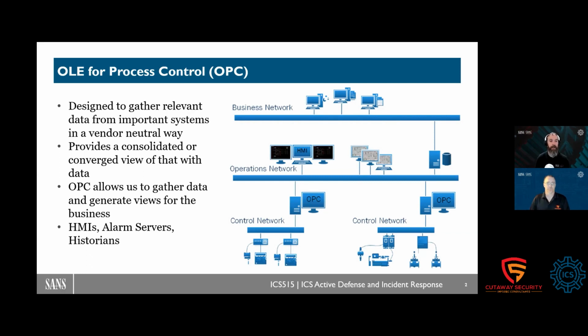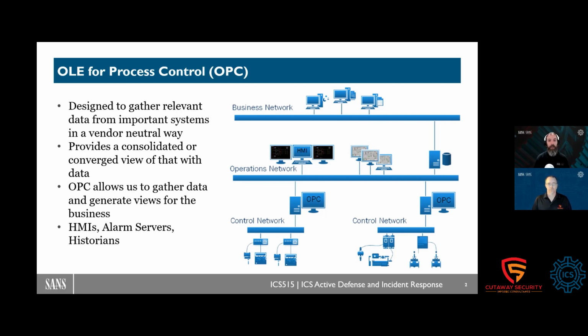Thank you. Awesome, mate. So, as I said, OLE for process control is what it used to be called, Open Platform Communications, and it's a really great capability for different systems to be able to talk to each other. Again, this universal translator. We talk a lot about different protocols in ICS.